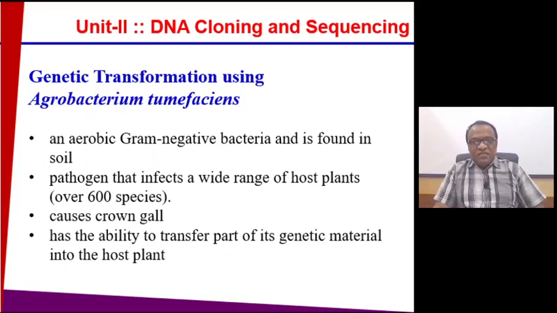To begin with, we have the genetic transformation using Agrobacterium tumefaciens. We all know that Agrobacterium tumefaciens is an aerobic gram-negative bacterial species that belongs to the Rhizobiaceae family, and it is found in soil.